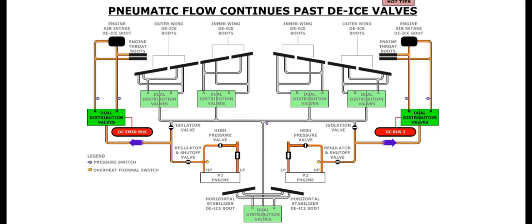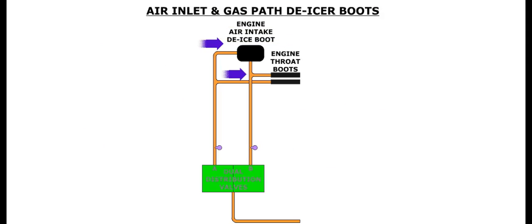After the de-ice valves, the pneumatic air travels up to the engine dual distribution valves. These valves are electrically controlled and pneumatically operated. The engine dual distribution valve splits the air supply in two.